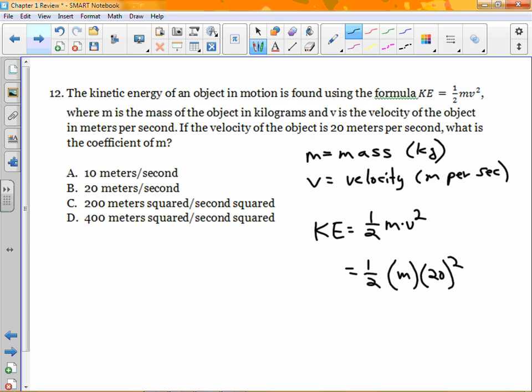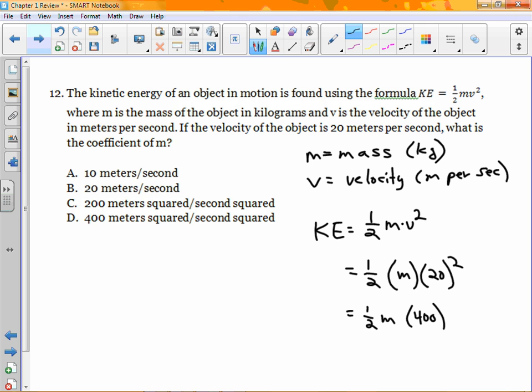So now, what comes first? Taking half of m or 20 squared? What'd your dear Aunt Sally tell you to do first? You've got to do that power first, so that gives you 400. So now you've got half of m, and you've got 400.